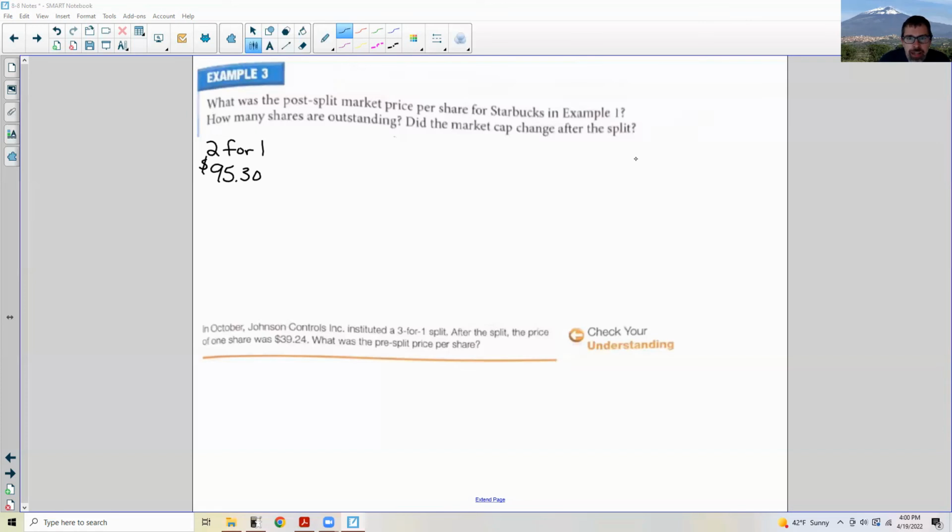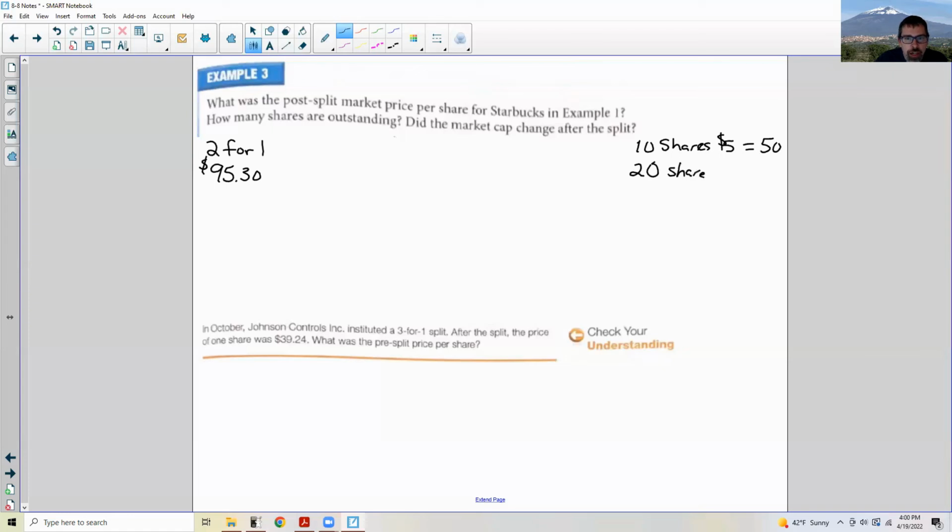Let me just give you an example. If I have 10 shares of stock and they're $5 each, then that equals $50. Well, if they split these and say, okay, now we're going to 2-for-1 those, you now have 20 shares.